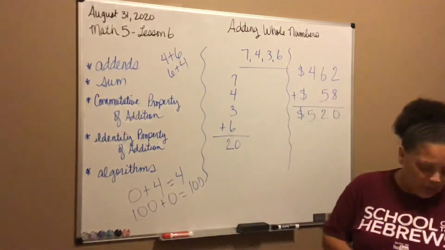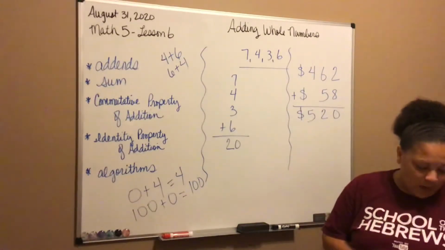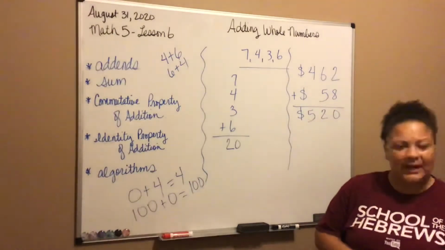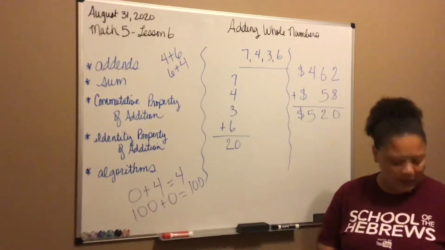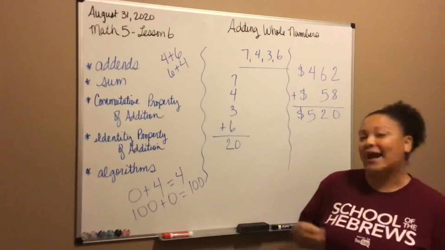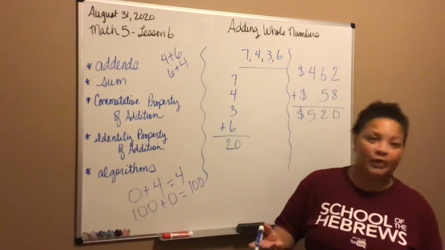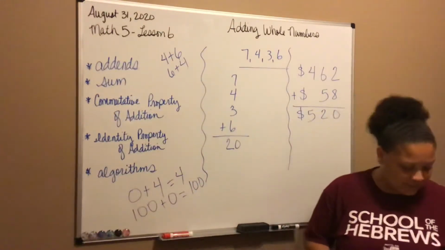Okay, so we're going to talk about some other algorithms, of course. Algorithms are things like addition, subtraction, multiplication, division, and such. Those are all algorithms. You decide which algorithm you're going to use when you are figuring out a word problem. Okay, those types of things.